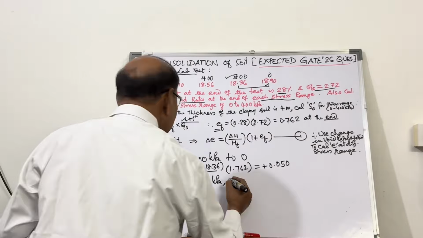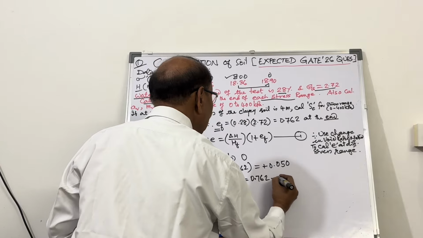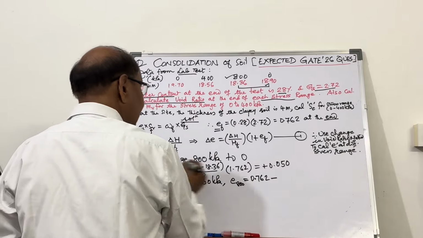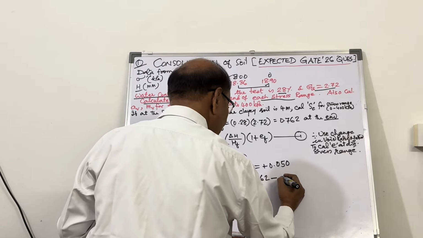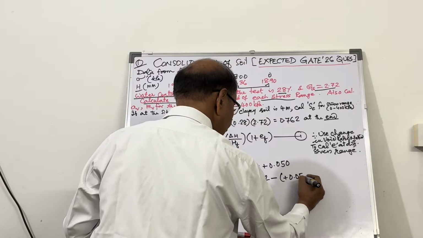So E at 800 kilopascal is going to be the EF value, and EF is already known to you, that is 0.762, and minus delta E is going to be plus 0.05.